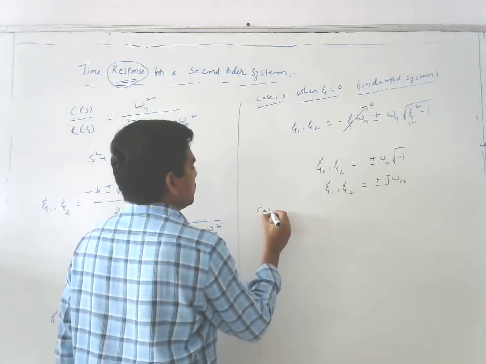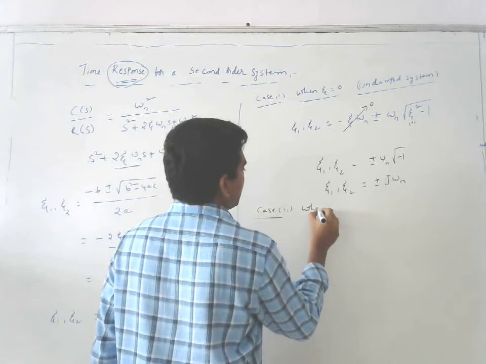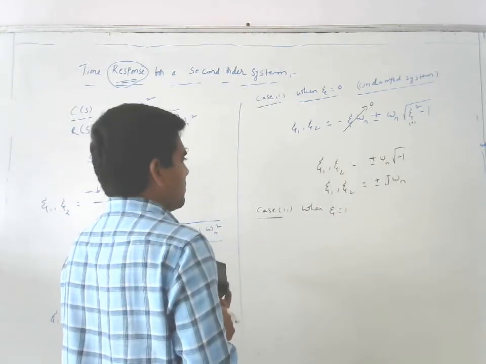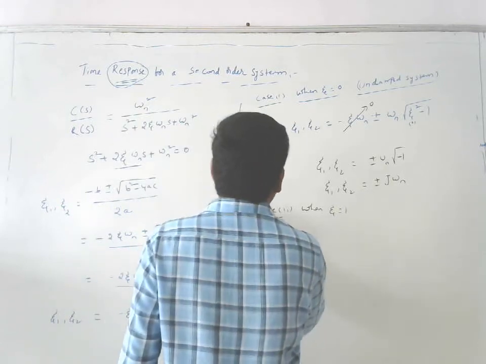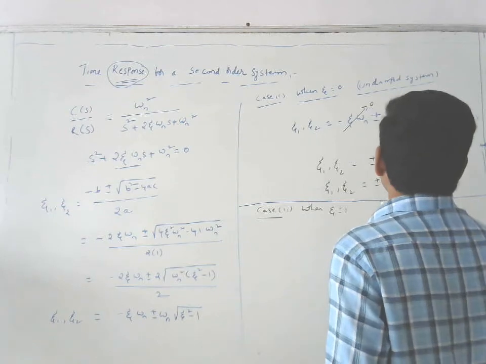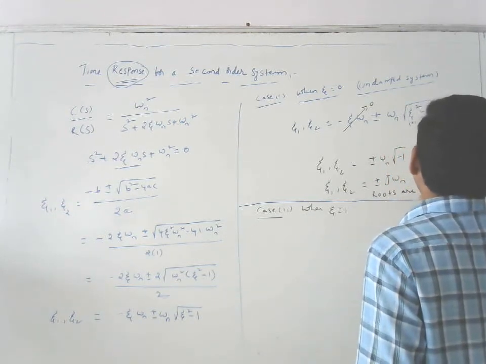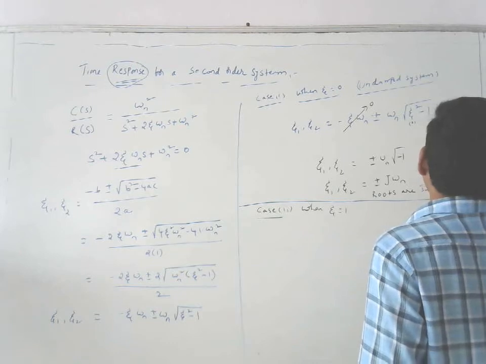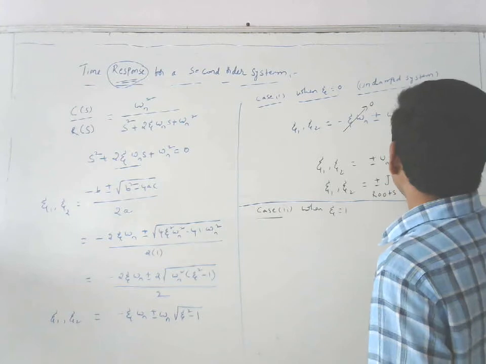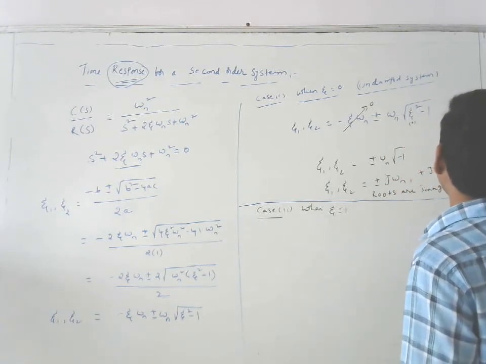Now case 2, when zeta equal to 1. Both the roots are imaginary. That means we have plus j omega n, minus j omega n.